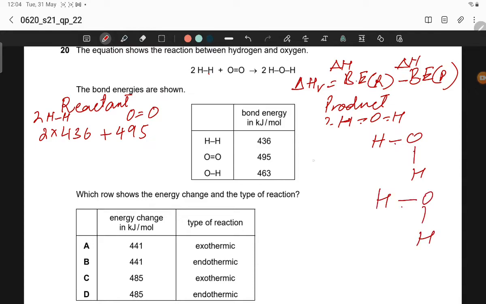One, two, three, 4. So it is 4 into 463.